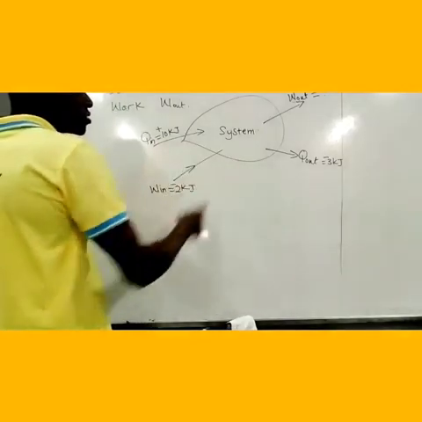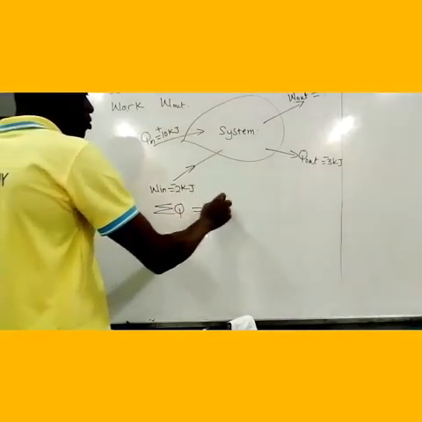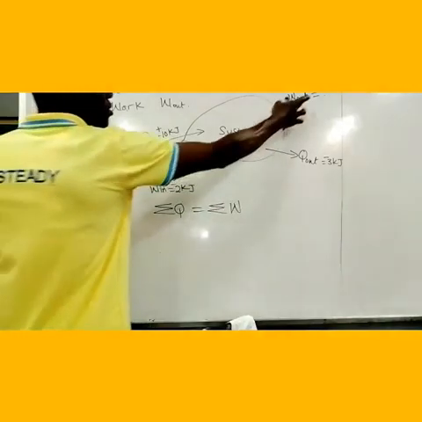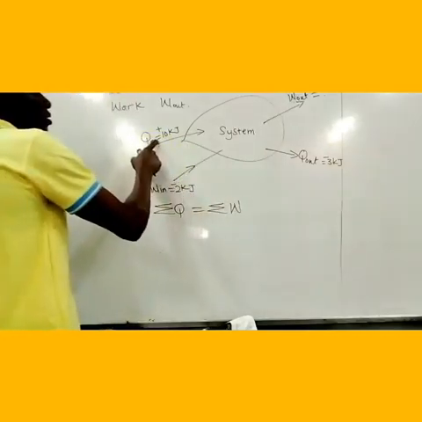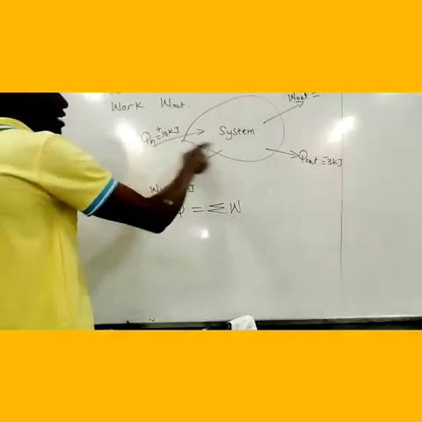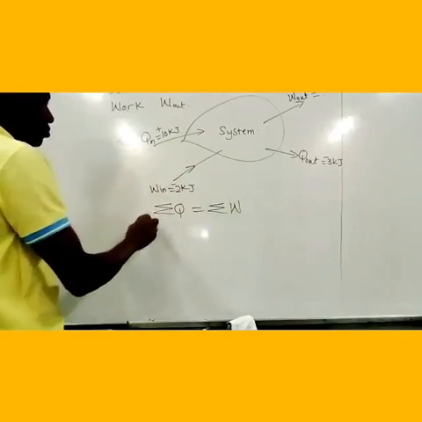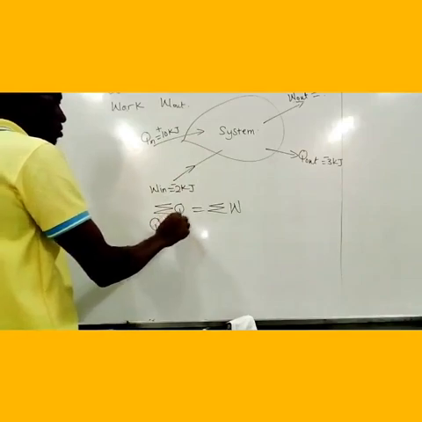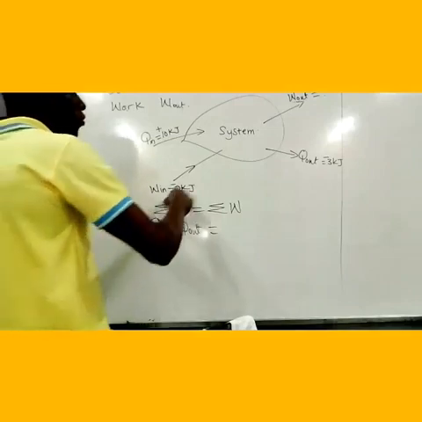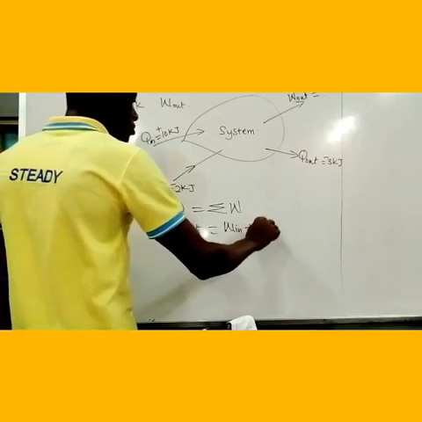We can simply solve this using the first law of thermodynamics, which is summation of heat is equal to summation of work. Here we have two works, the work out and work in. We have heat in and heat out, and we have assigned the signs to them. Now the summation of all the heat means Q in plus Q out is equal to the summation of work, which is work in plus work out.